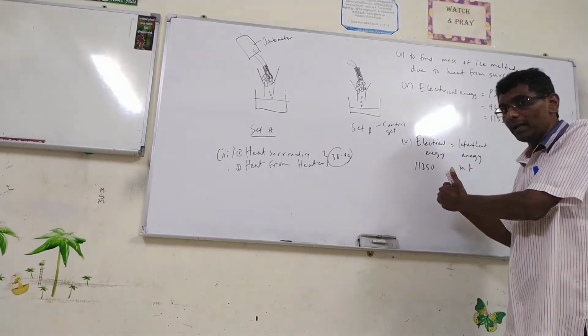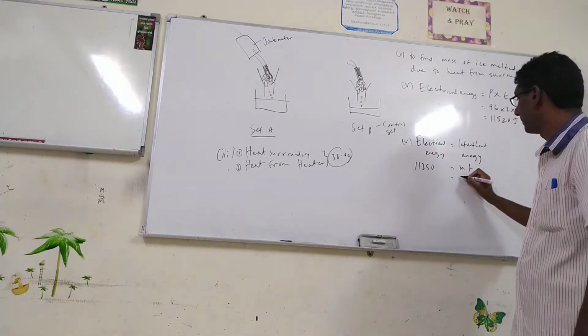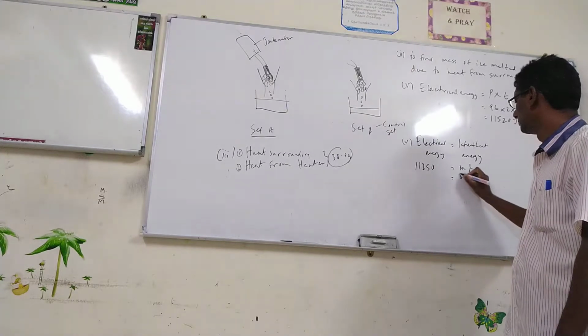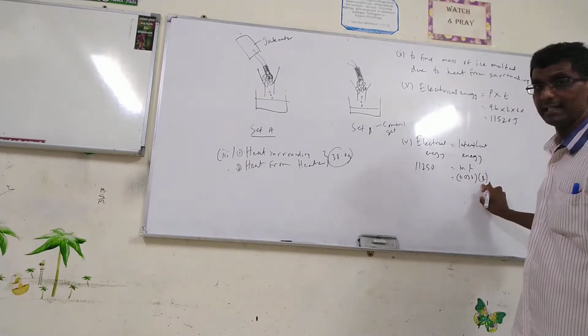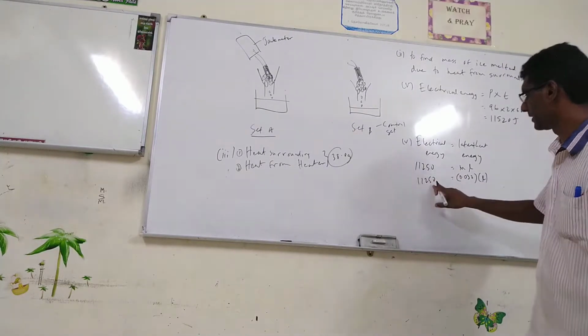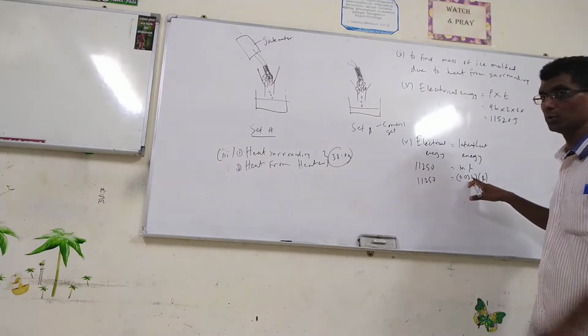So the ice melt must also be from the heater. The ice melted because of the heater is 32 gram. So 32 gram changed to kg is 0.032. Mass, and L, the latent heat of fusion, we don't know. And 11,250.